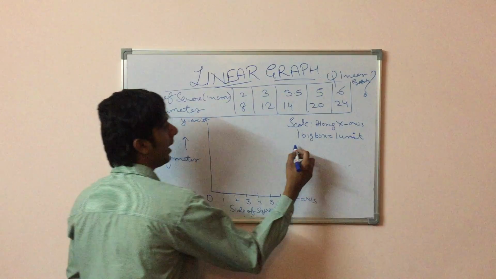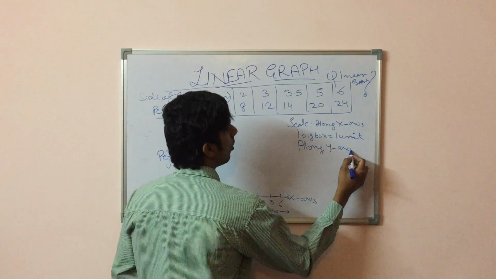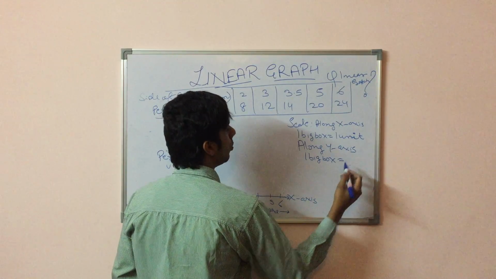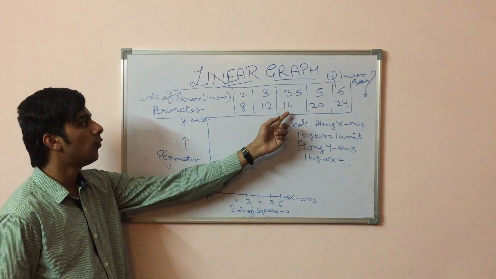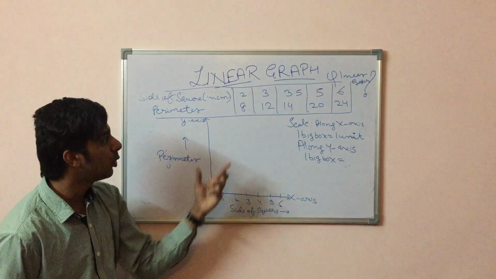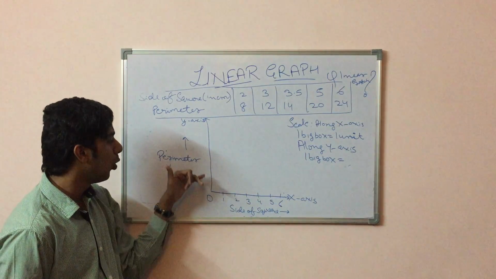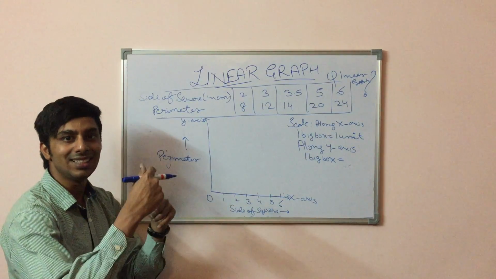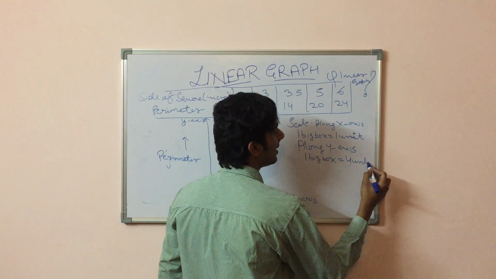And along the y-axis, one big box equals, now it's up to you how much you want to take. The values are 8, 12, 14, 20, 24. I think it's easy to take 4, because almost all the numbers come in the table of 4, like 0, 4, 8, and 14 will come in between 12 and 16. It is easy. So we can take it as 4 units. It is easy to draw.